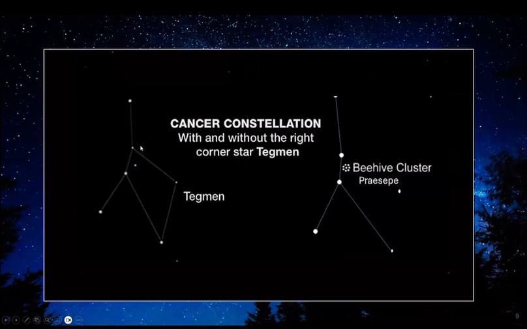Now you have an enclosure, a rectangular enclosure, twice as long as it is wide. Here is the beehive cluster, or Praesepe. And then here you have this. And this is where I began to get the idea, especially after recalling what I read in Raymond Capp's book, The Glory of the Stars, about this sign possibly being represented by an eagle.